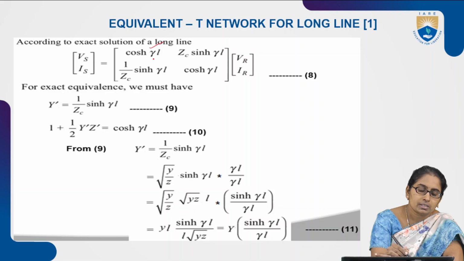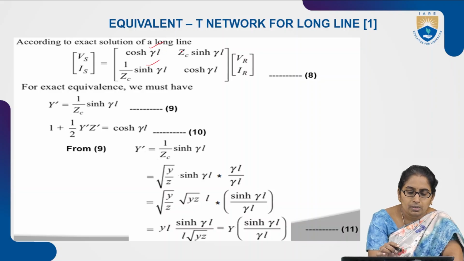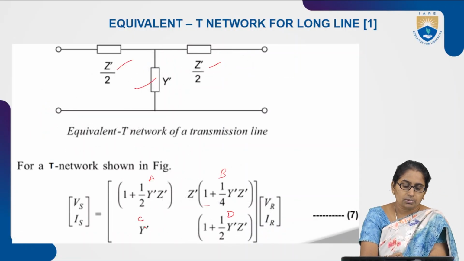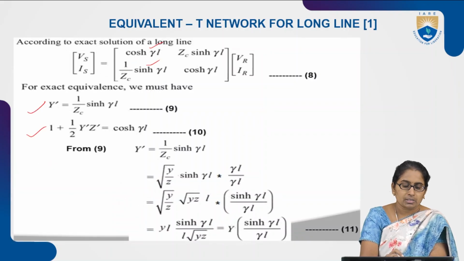Consider these two. One is 1 plus Y dash Z dash by 2 is equal to cosh gamma L. Another one, which is the simpler one? Look at the previous line. Consider this one, compare the C constant.